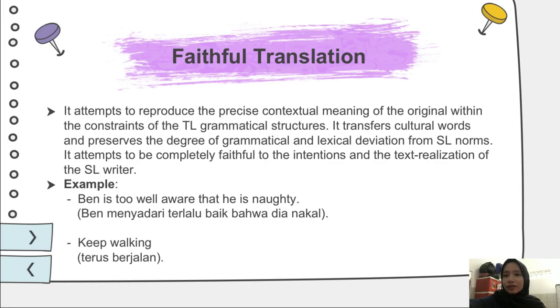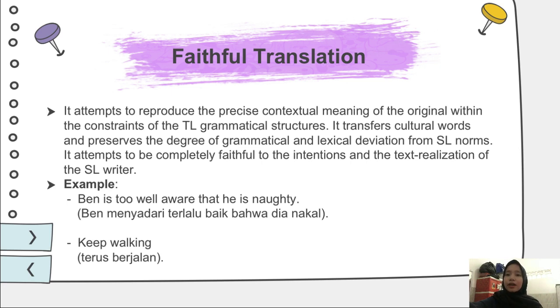Next, faithful translation. It attempts to reproduce the precise contextual meaning of the original within the constraints of the TL grammatical structures. It transfers cultural words and preserves the degree of grammatical and lexical deviation from SL norms.